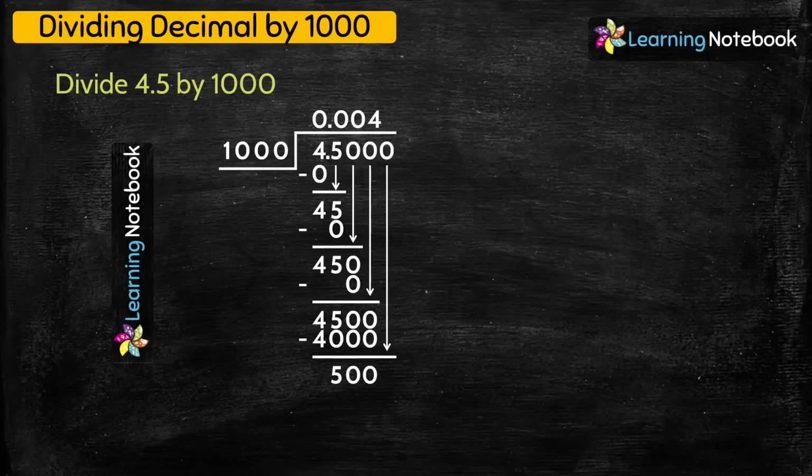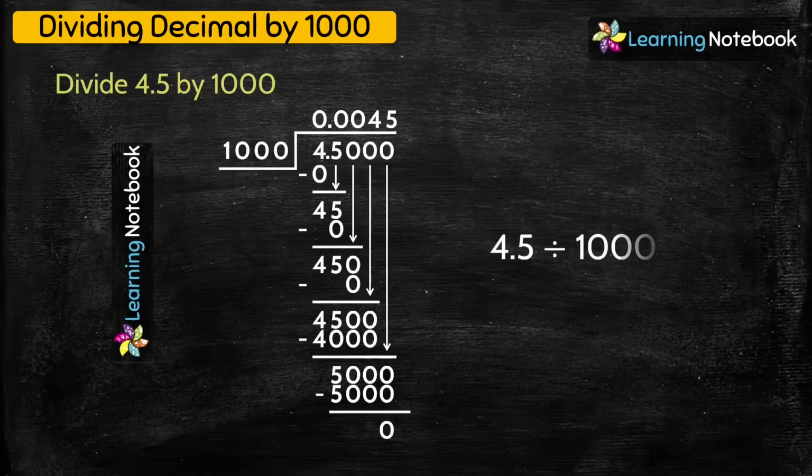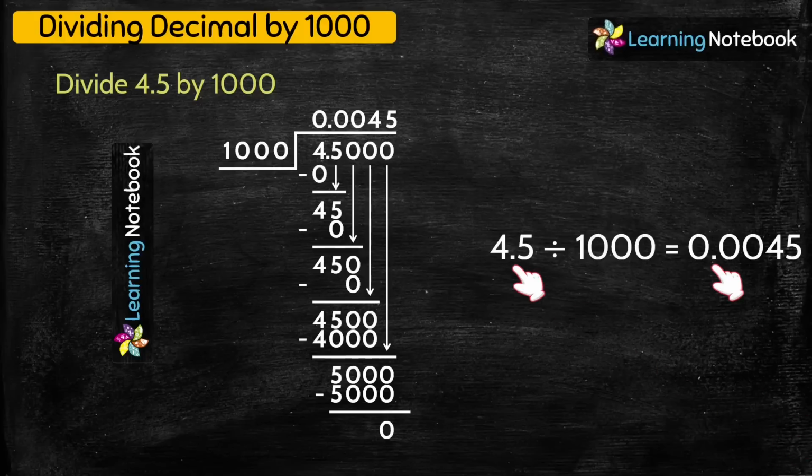Let's copy next 0 and now we will divide 5000 by 1000. 1000 into 5 equals to 5000 and 5000 minus 5000 equals to 0. So now our division is complete and we have got the quotient as 0.0045.